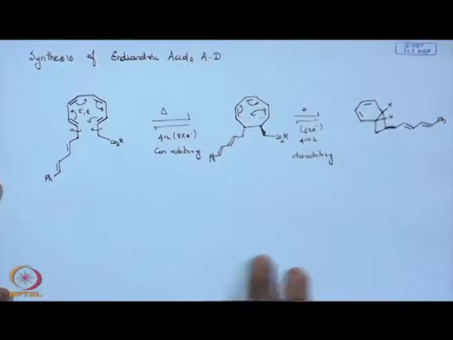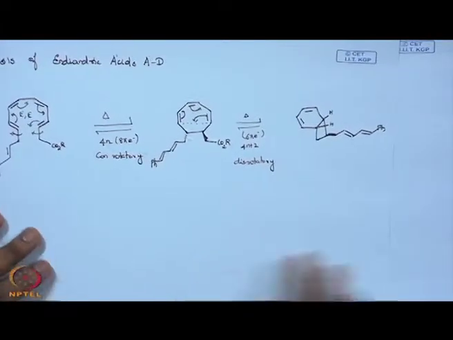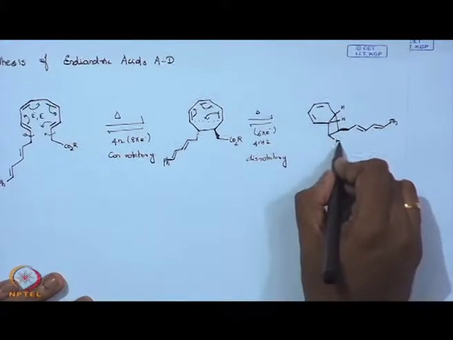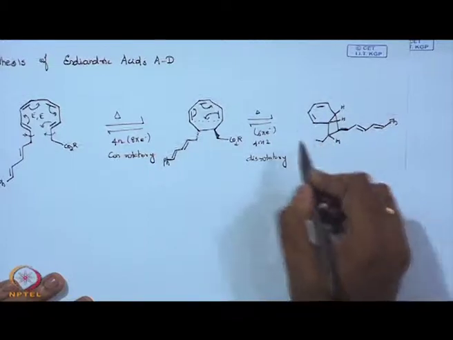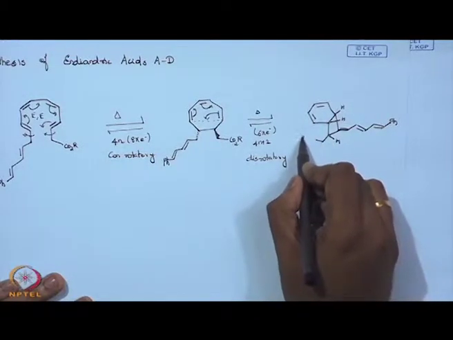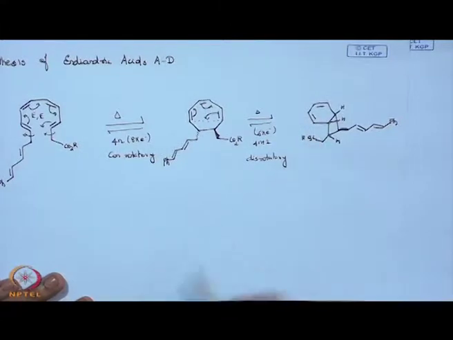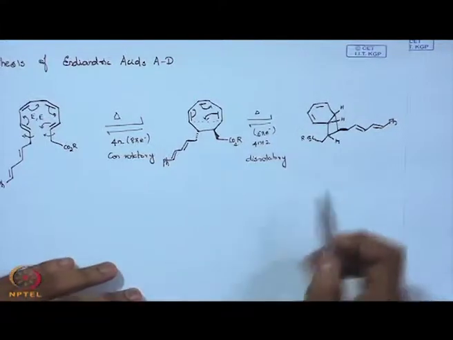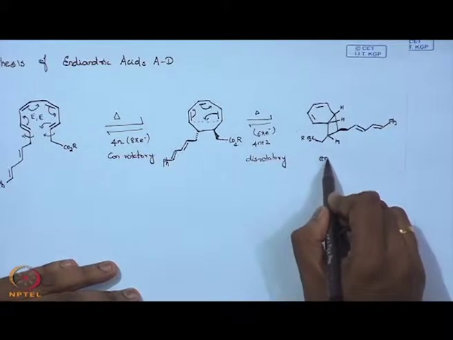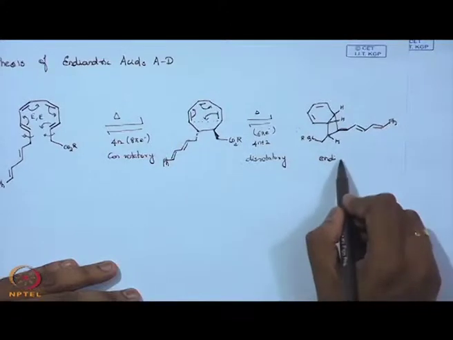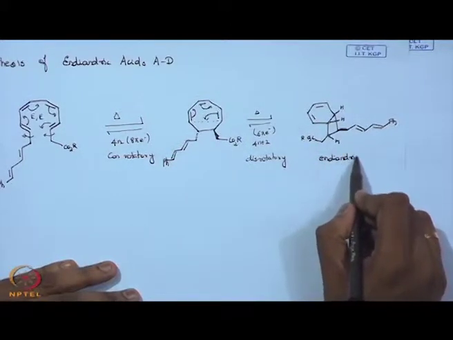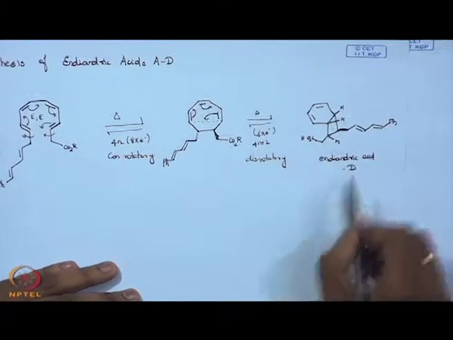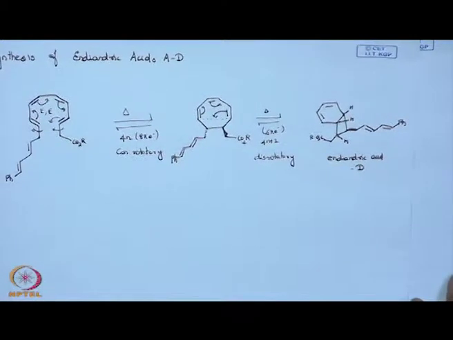I have a phenyl here, okay, it's clear, and then you have a hydrogen and you have the RO2C. So, you get this product, fine. You can call this endiandric acid, okay. It is D; it is called endiandric acid D.